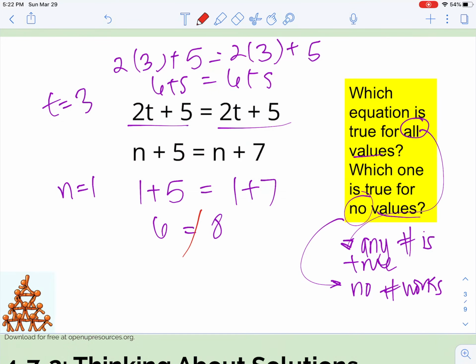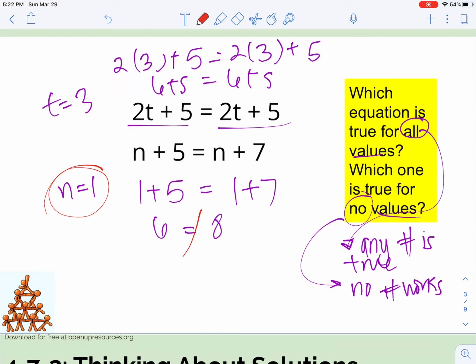Nope, does not work. So some of you are probably thinking, but why can't I just say that this n equals something and that n equals something so that they end up being equal? That would be great, but for equations, it always has to be that the letter equals that one number for that equation.